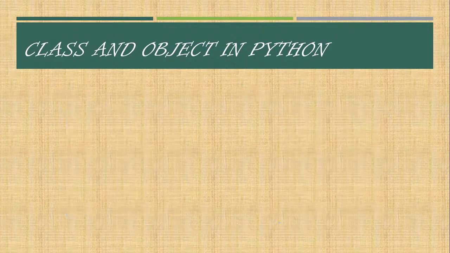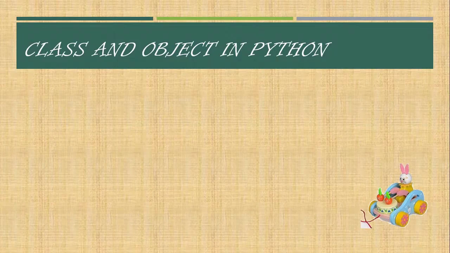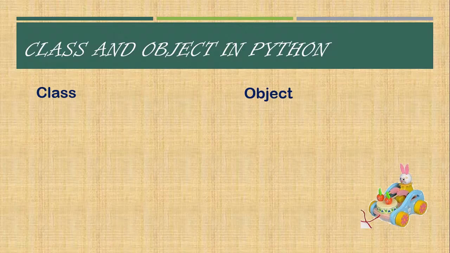Okay, so when we create applications, we need to identify the different types of objects, and we will write the code for each type of object. For any specific type of entity, we need its blueprint, and that will be the blueprint of its class.